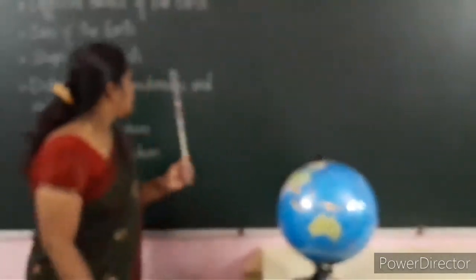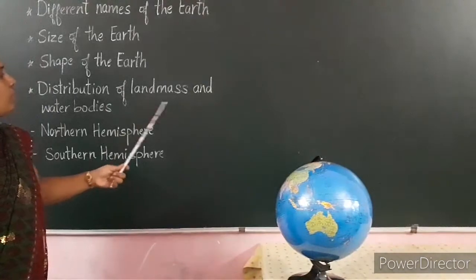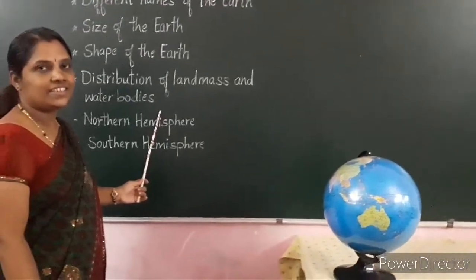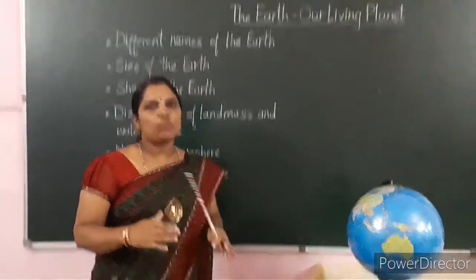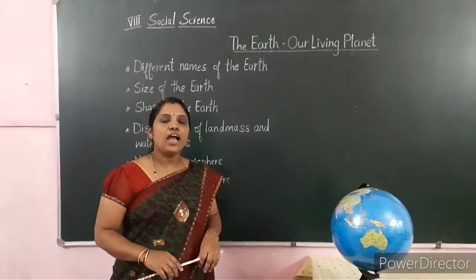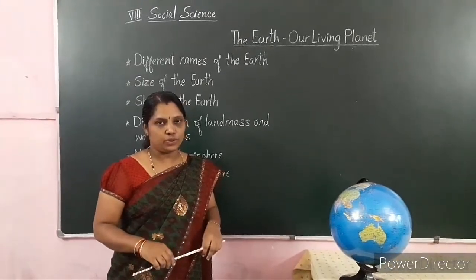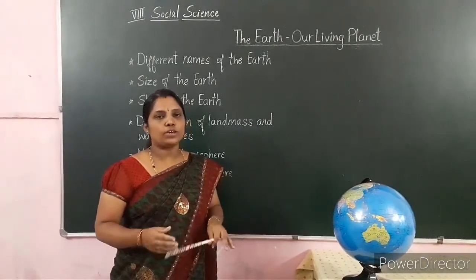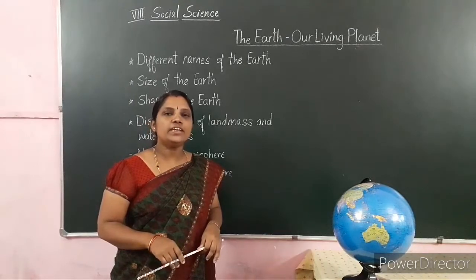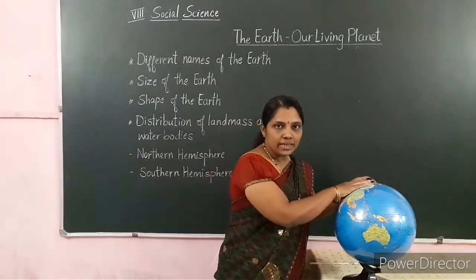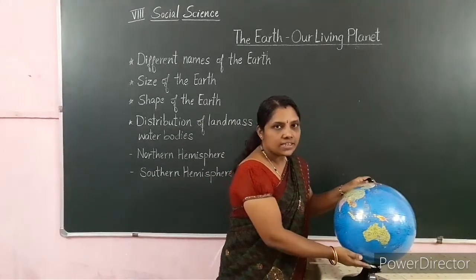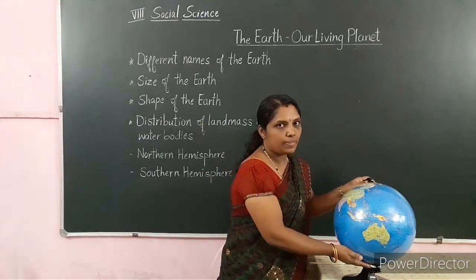Next, distribution of land mass and water bodies. Here, land and water bodies are unevenly distributed by northern hemisphere and southern hemisphere.